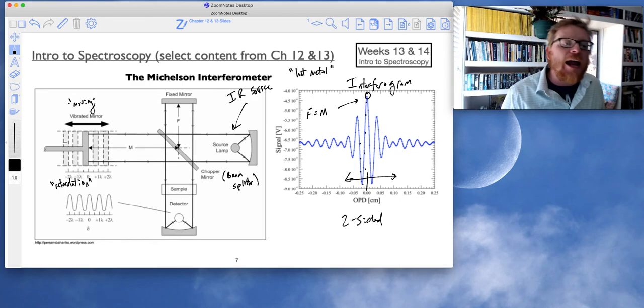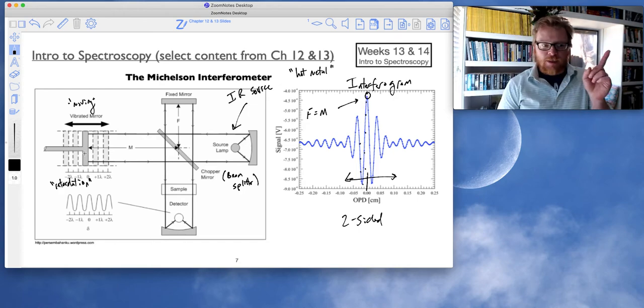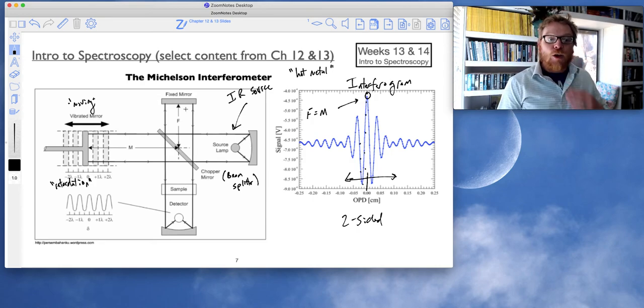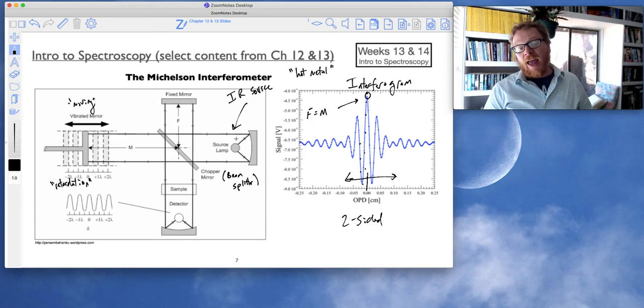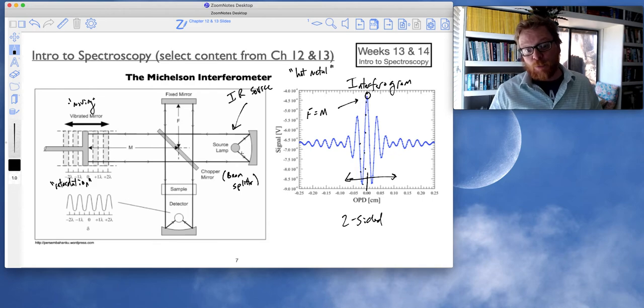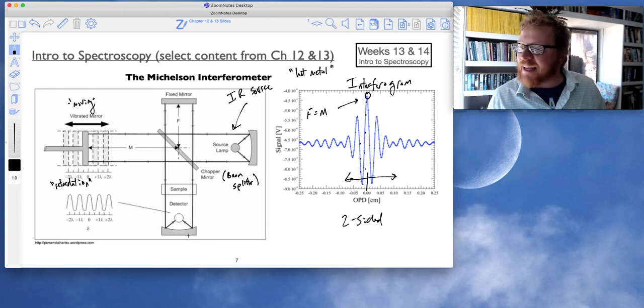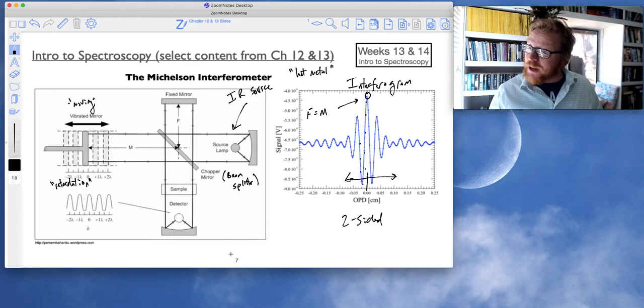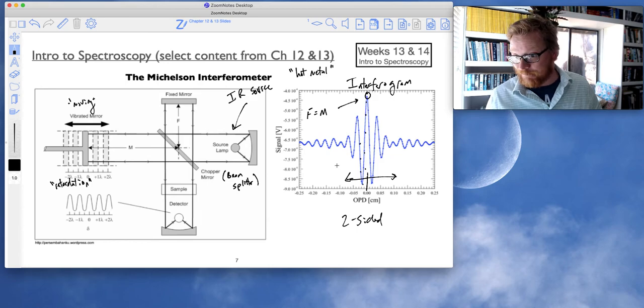And by the time you've scanned through all of your wavelengths, and that's achieved by literally just moving this mirror back and forth, you will have passed through every single wavelength available from this lamp at insanely high spectral resolution. The Fourier transform is then the mathematical algorithm that converts this signal right here into a spectrum.